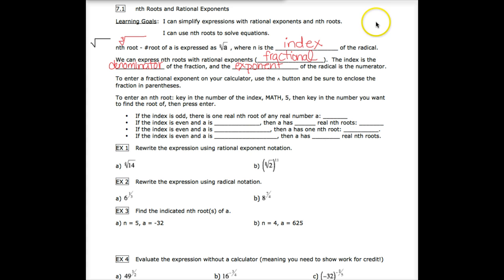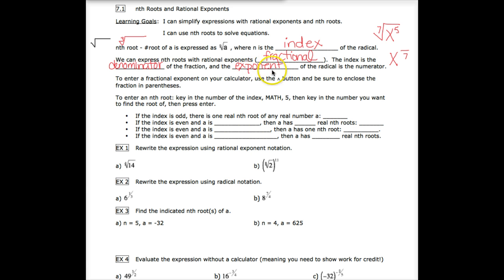So let's say that I had the 7th root of x to the 5th power. x is my base, the denominator is going to be my index, so it's going to be 7.